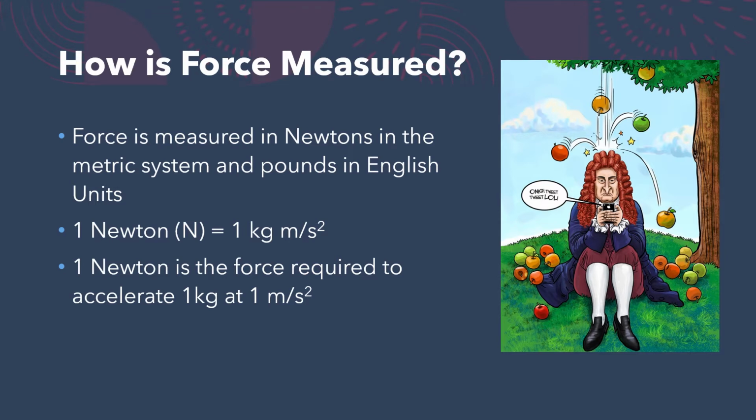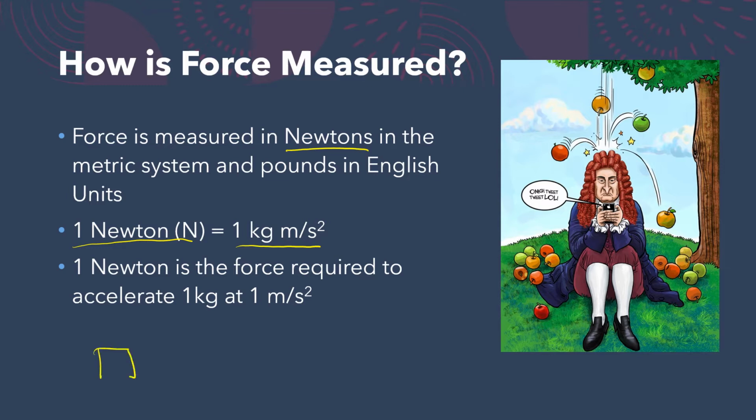So how is force measured? Well, force is measured in newtons in the metric system, in pounds in English units. We're only going to focus on newtons, so don't worry about pounds, but there is a conversion factor between those two. But 1 newton, okay, is also written as 1 kilogram meter per second squared, which means that 1 newton of force is the force required to accelerate a 1 kilogram object at 1 meter per second squared.